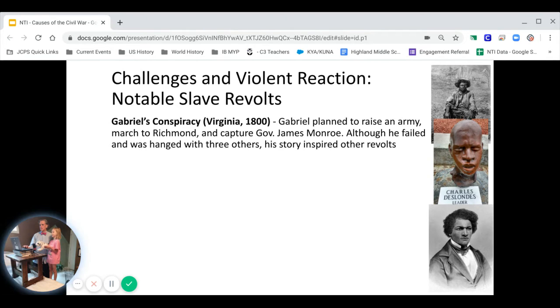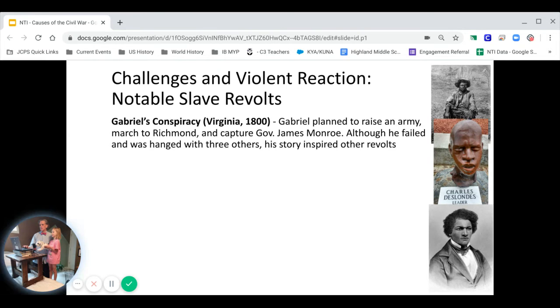Gabriel was an enslaved man who had plans to raise an army, march to Richmond, Virginia, and capture the governor, James Monroe. He failed, and he was hanged with 3 others, but his story is going to inspire people to revolt in other areas. So he's going to inspire other slave revolts.